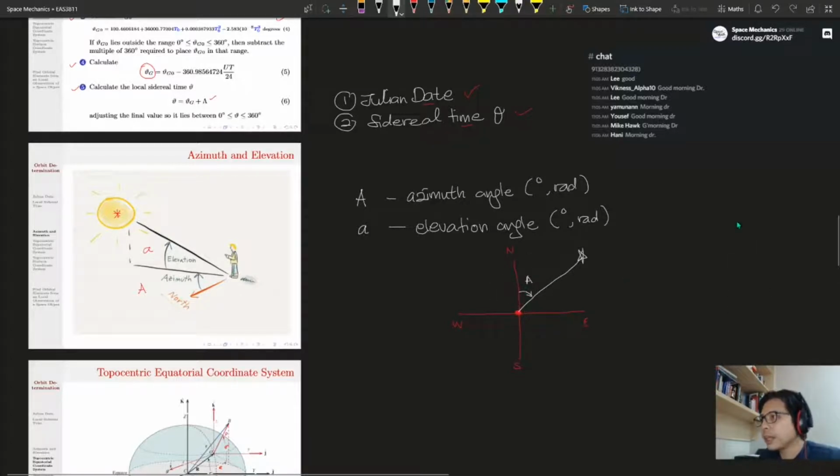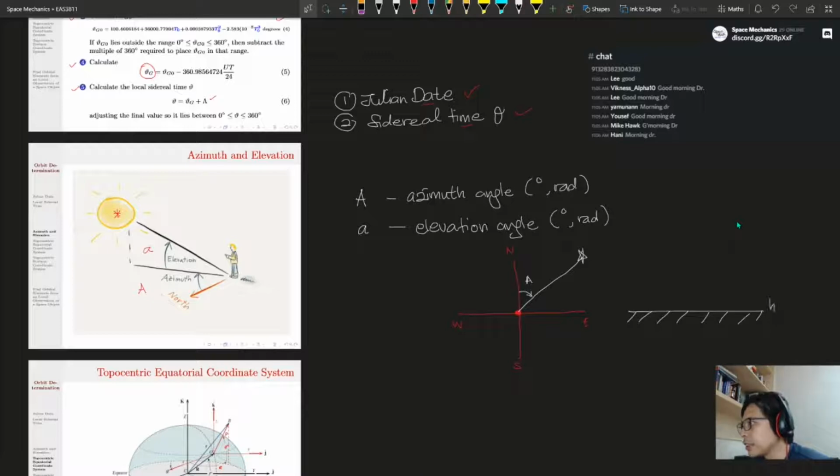Now this is the angular distance on the ground. Now let's say this is the horizon, and then you see something that is up in the sky like that.